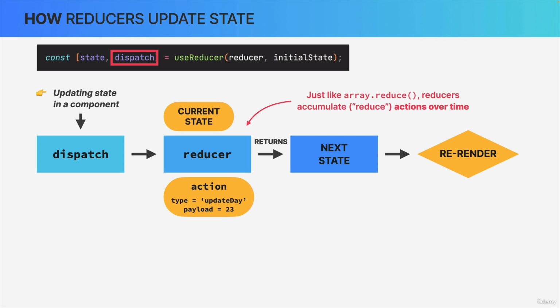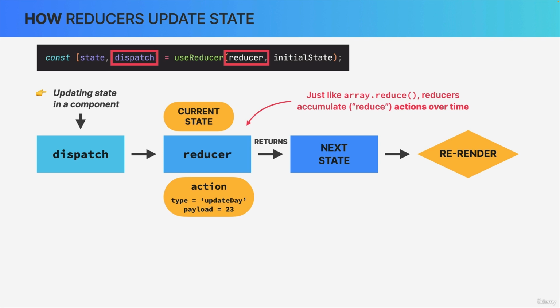Okay, now behind the scenes, the dispatch function has access to the reducer because we passed it into the useReducer hook, right? So dispatch is really coordinating this whole thing and also giving the reducer access to the current state.